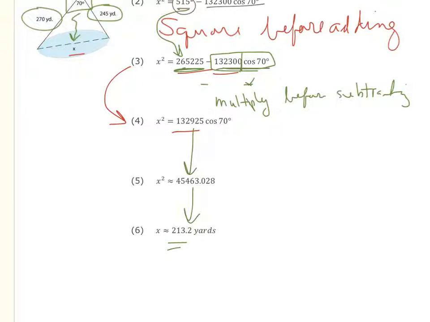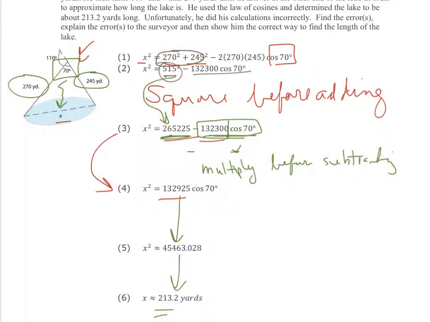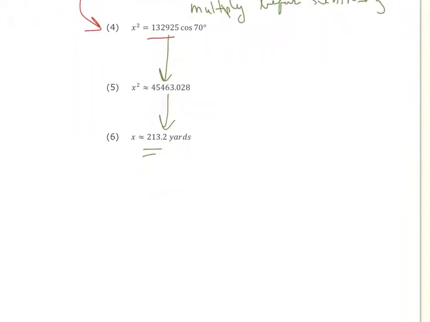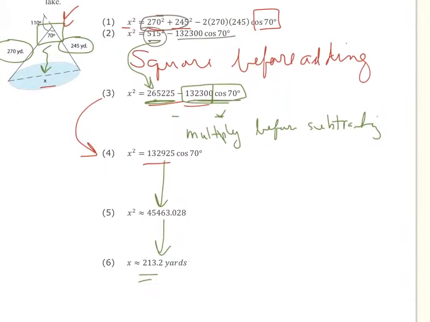Now, how should this really have gone? So let's have a peek back up at the start. His beginning was actually quite good. He set the problem up correctly. So we can basically use our starting point from number 1 and begin there. So that gives us, what was that, a squared or b squared?